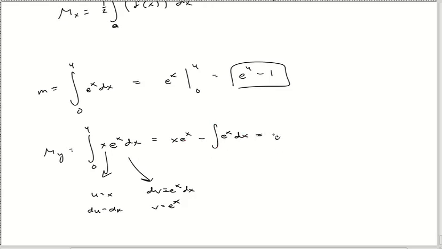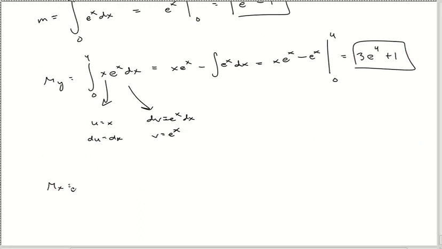And we already know that answer as well. It's just x e to the x minus e to the x, again from 0 to 4. You plug it all in, and you get 3e to the 4th power plus 1. I'm sorry, plus 1. And that's my answer for My. Mx, again, dealing with the y values, is 1/2 the integral from 0 to 4 of e to the x, all squared, dx.